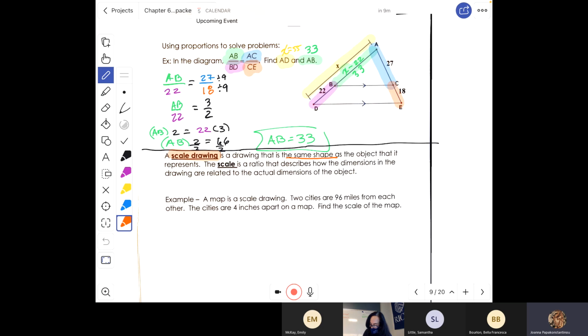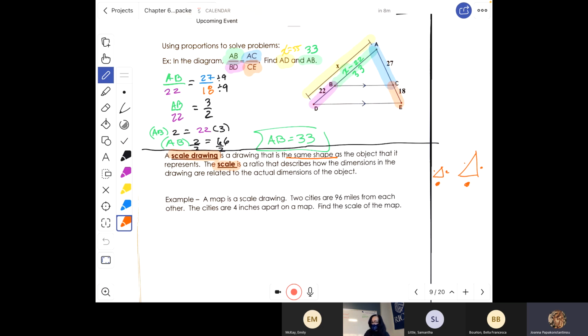The scale is in fact a ratio that describes how the dimensions in the drawings are related to the actual dimensions of the object. So if you notice, you may have seen these before where you're like, ooh, I have this triangle and I have this triangle. Well, one may be a scale of the other, and I would be able to write a ratio to the sides, right?